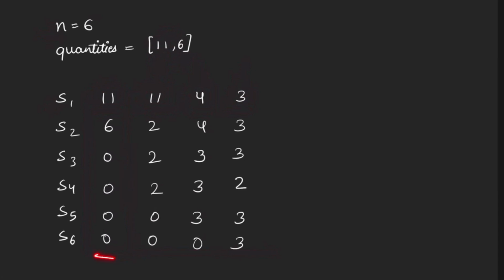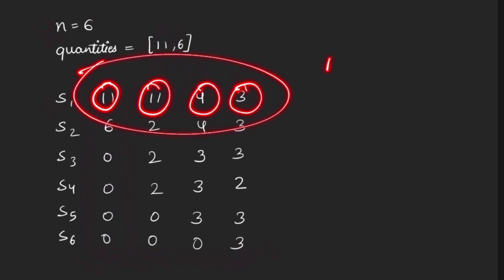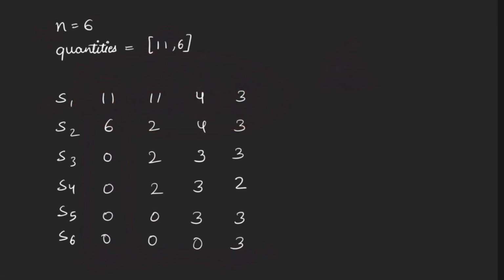In all of these combinations, you have to find out the maximum quantity that you have assigned, and then out of these, whichever is the minimum, that has to be your answer. So in this case, 3 is the minimum. Ideally, this is the best possible combination. So our answer will be 3 for this particular case.